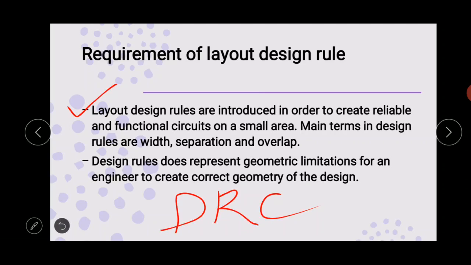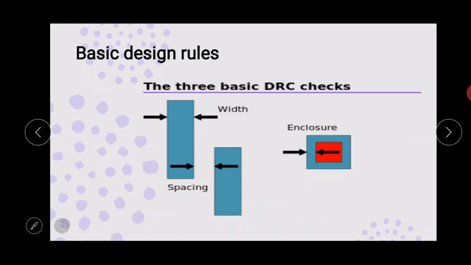DRC is a major step during physical verification of the design. Design rules are a series of parameters provided by semiconductor manufacturers that enable the designer to verify correctness.